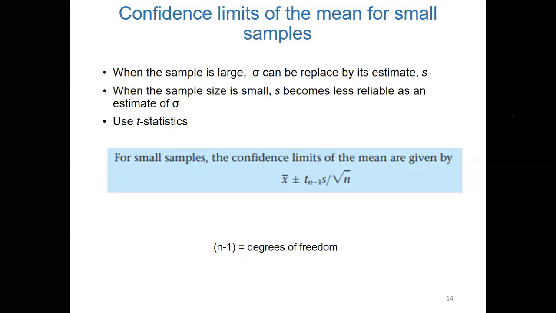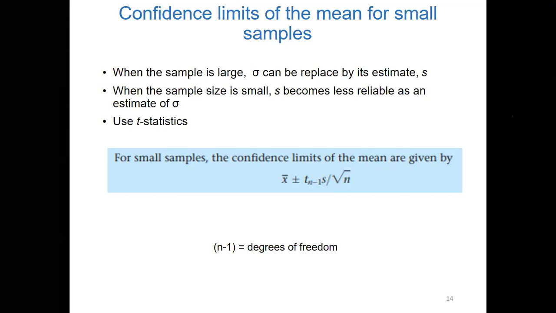So for small samples, the confidence limits of the mean are given by this equation. The mean of the sample plus or minus t n minus 1. N minus 1 is the degrees of freedom, and we will discuss how to calculate the degrees of freedom and what is known as degrees of freedom when we talk about the example. Under the example, let's see how to find it.